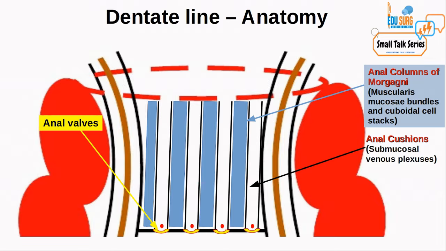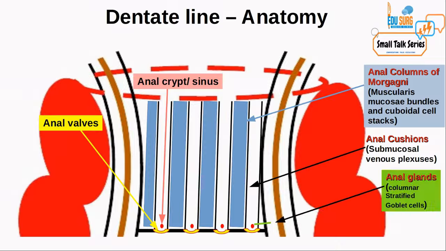Above these anal valves are the pockets which contain the anal crypts or sinuses. So above the anal valves, in the pockets formed by them, are present the anal crypts and sinuses, and the anal glands open into these anal crypts and sinuses, right?